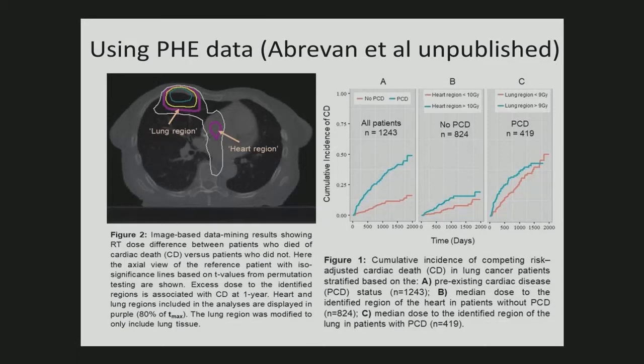Then she looked at patients that had heart disease, yes and no. Because of the hospital statistics, she could find out whether patients had been hospitalized for heart disease. And now something incredibly interesting is that cardiac disease makes a big difference in outcome.